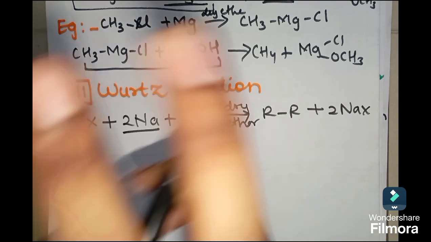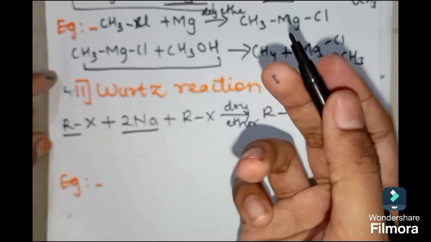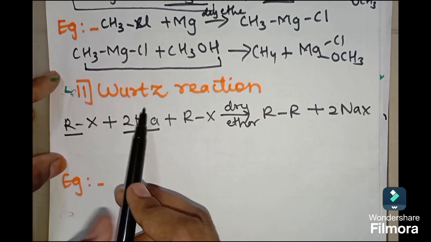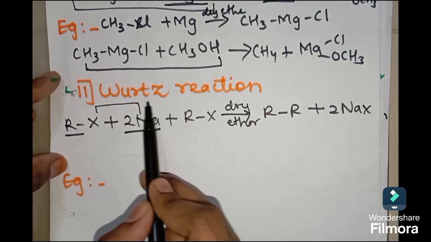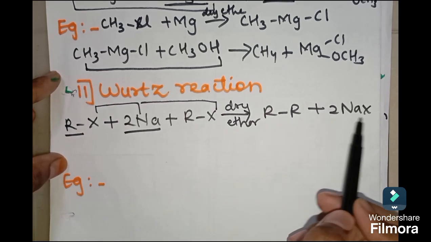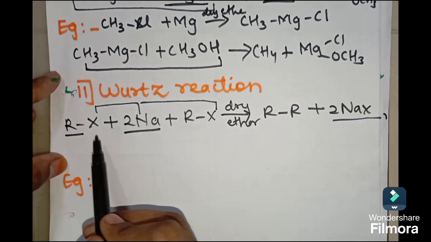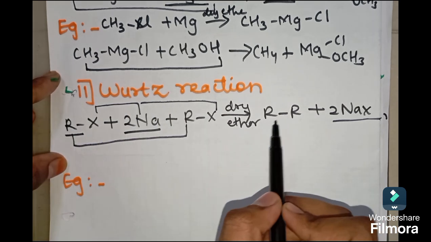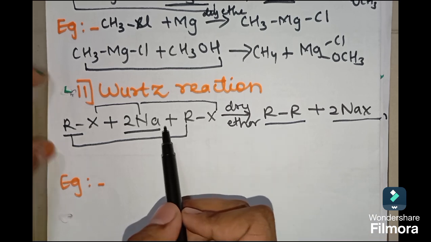So in all we have to take 2 alkyl halides, we have to react them with 2 sodium in presence of dry ether. Now what will happen over here, students? This 2Na will get combined to these 2X and 2NaX will be removed, and this R gets combined to another alkyl group, and thus higher alkane is formed.